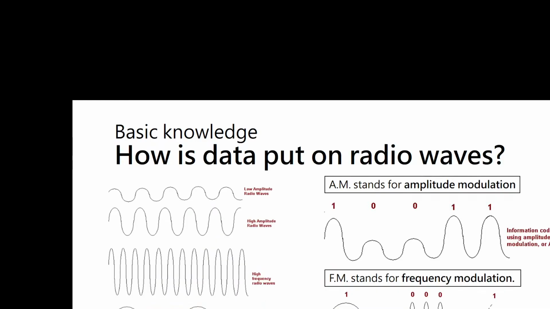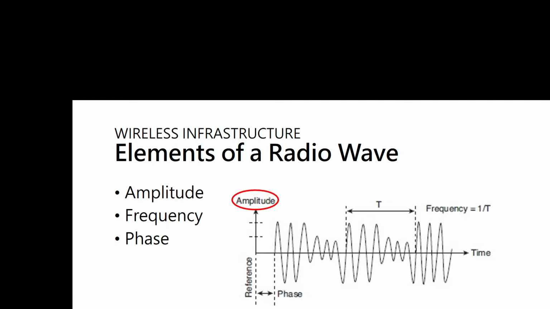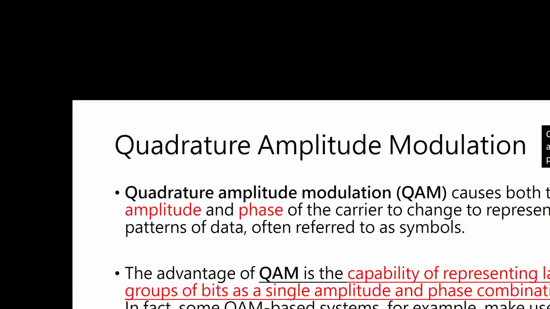That's AM, FM, and time domain, frequency domain, and we use this as quadrature amplitude modulation, which causes both amplitude and phase of the carrier to change.